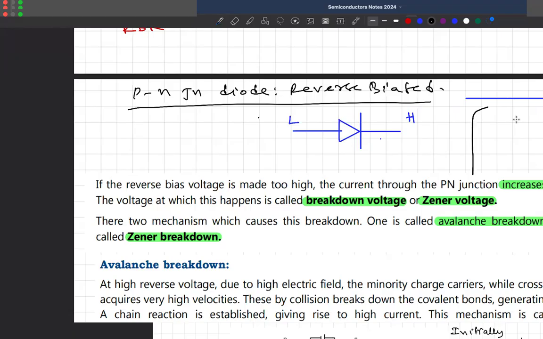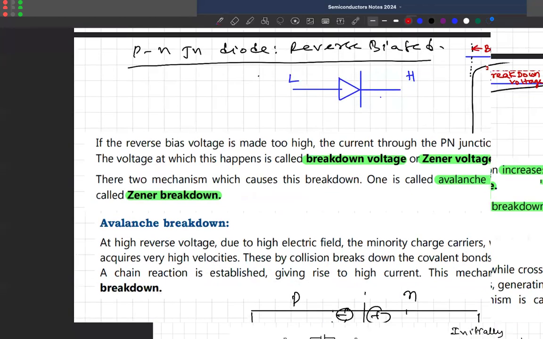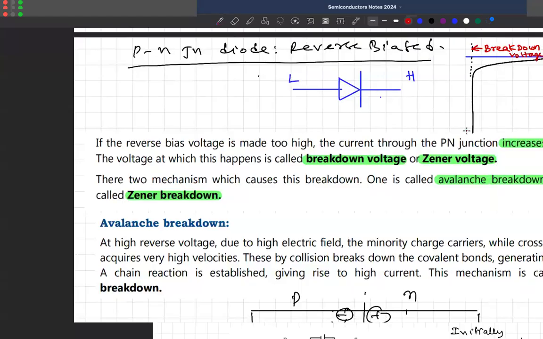This particular voltage is what you call the breakdown voltage. What happens here is the current increases very rapidly.